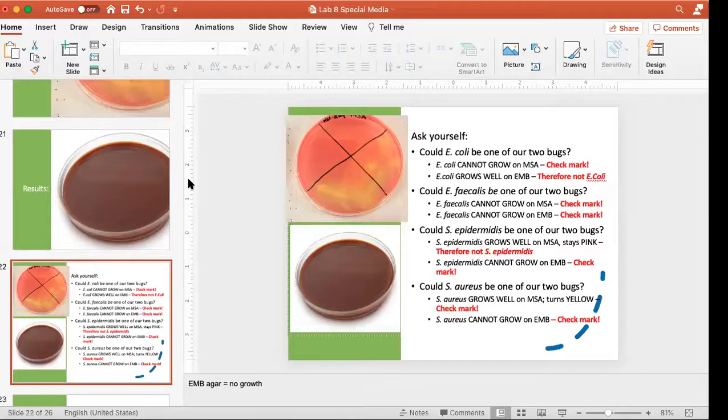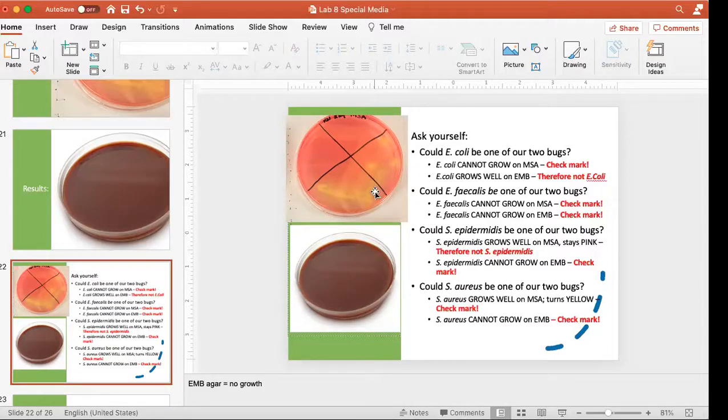So let's walk through these results and see if we can figure out what two organisms I chose. First, let's ask ourselves about the first possibility, which was E. coli, if you remember. Could E. coli be one of the two bugs in that mixed culture? Remember, we got one organism to grow on MSA. We got nothing to grow on EMB.